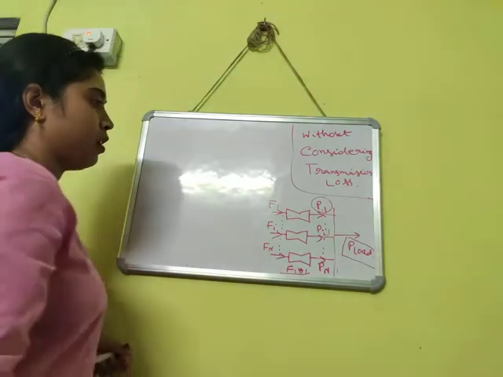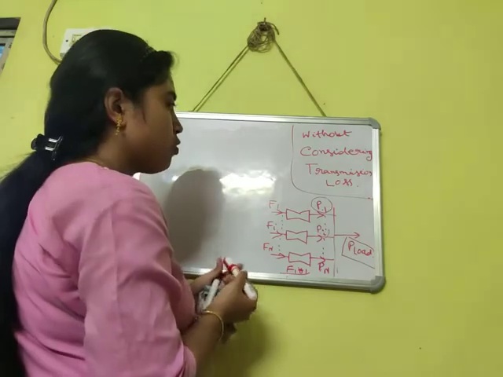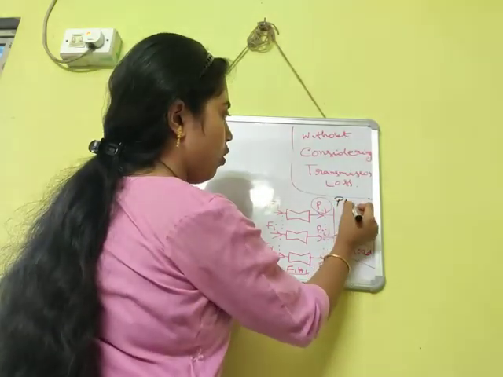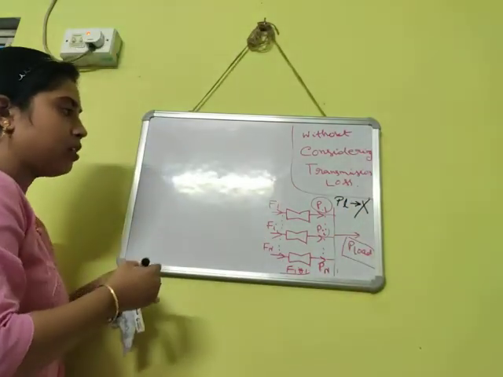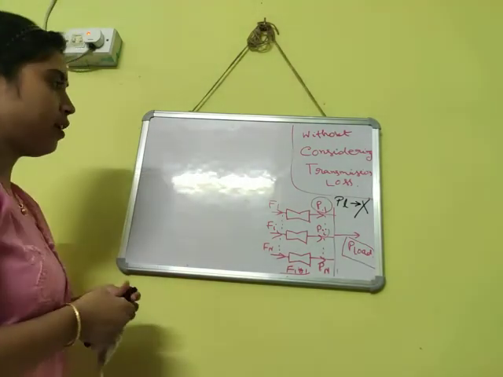That is our target, and for that case P loss is not present. At that time, how will we find that?